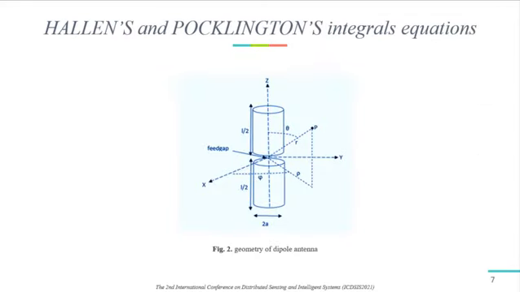Now we will present Hallen's and Pocklington's integral equations. Consider a dipole antenna as shown in figure 2, of length L and radius a, collinear with the axis OZ.